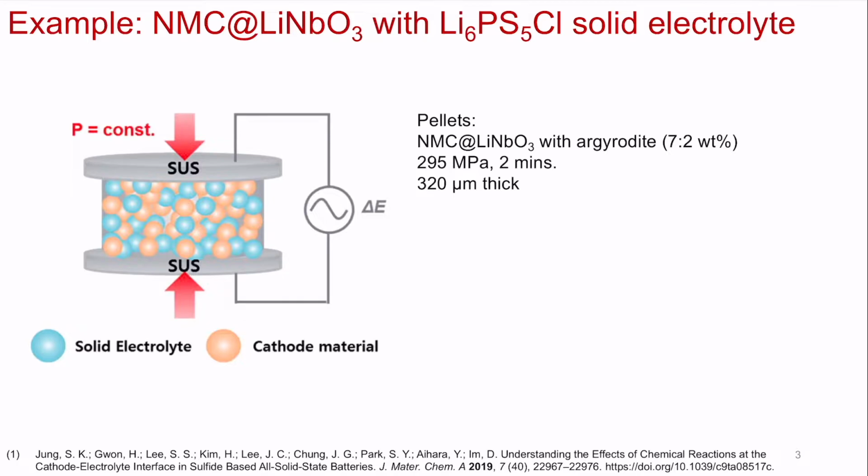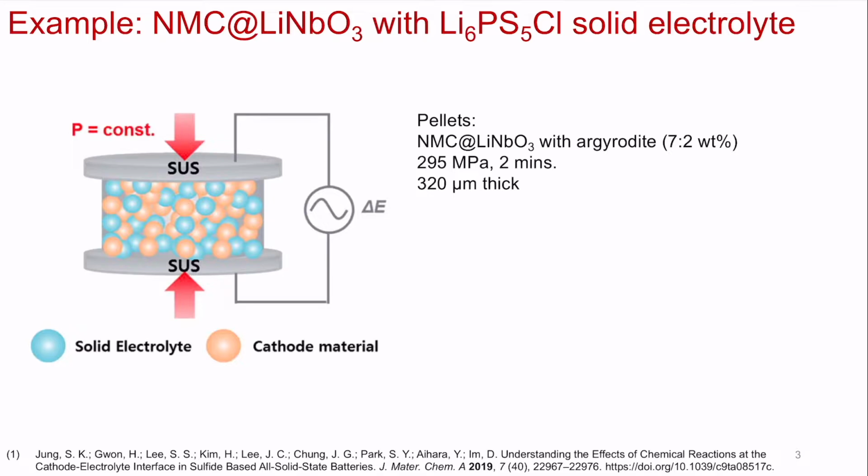Because if the hypothesis is that there are chemical decomposition products that are not conducive for ionic conductivity, ionic permeability, ionic migration across this interface, then you would see increased resistances. So this type of symmetric setup allows you to isolate all of the other variables, right? You're just focused on the active material that you're trying to study.